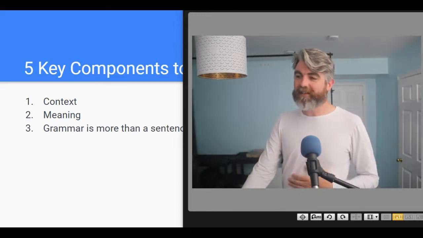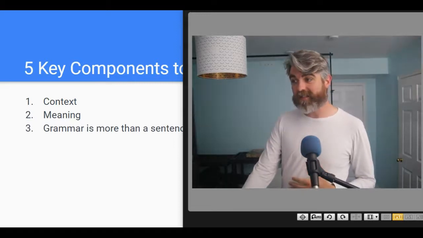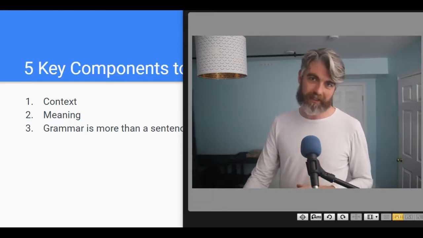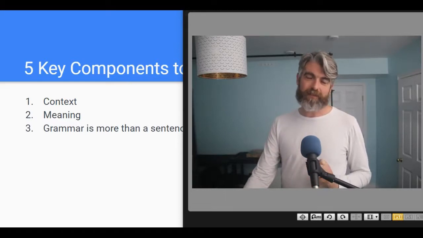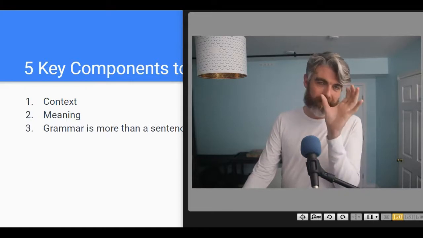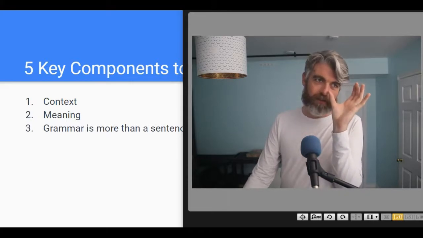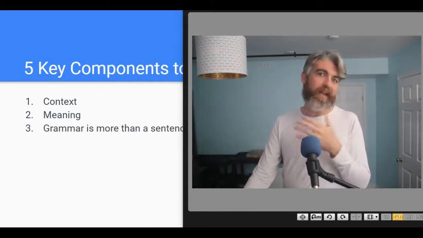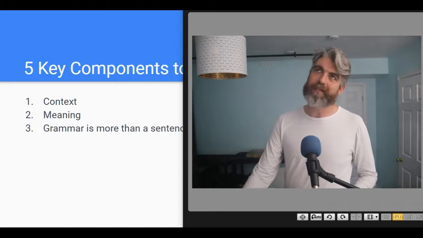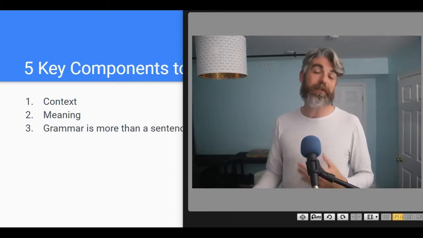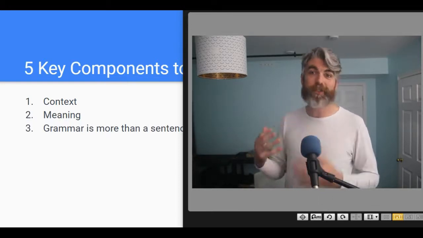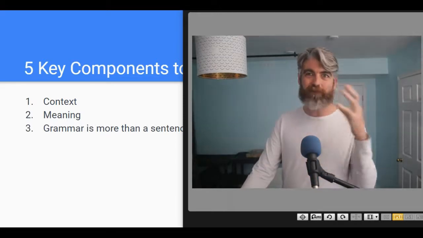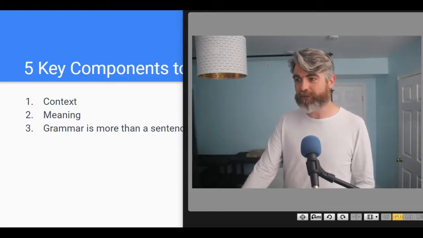But in reality, data would suggest that sentence-level grammar does not account for many instances of real communication. So sometimes if you just focus on a sentence and its construction, you might miss the elephant in the room. Or maybe that's not the best analogy. Maybe to use the one I used before, you may not see the wood for the trees. You may not see really how language is being used.